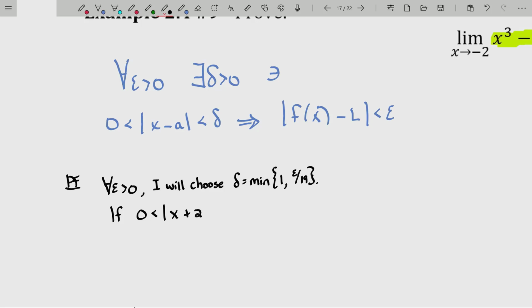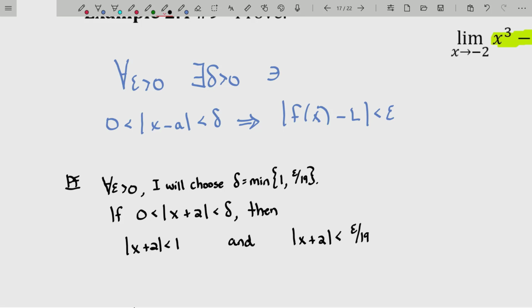So if it is the case that the distance between x and -2 is less than delta, the delta that I have presented to you, then, well, surely you have to admit that that absolute value of x plus 2 must therefore be less than 1 and simultaneously less than epsilon over 19.